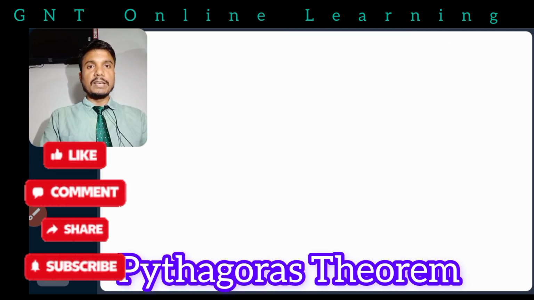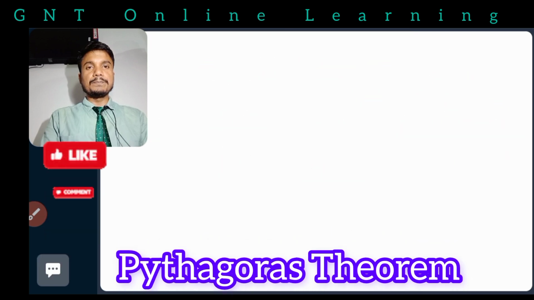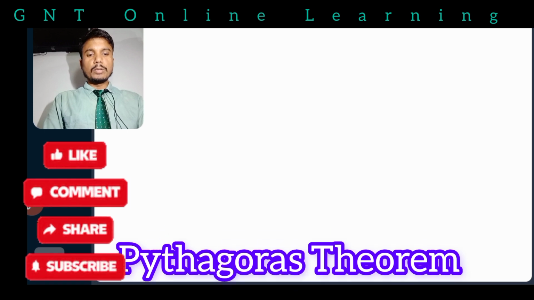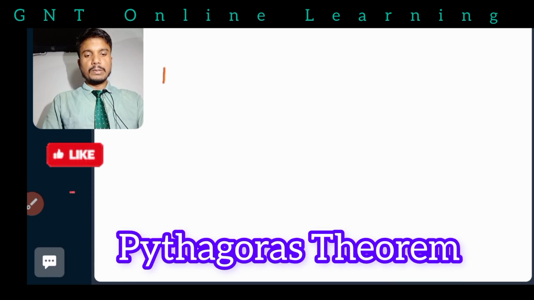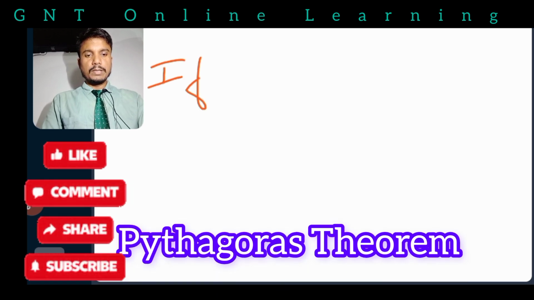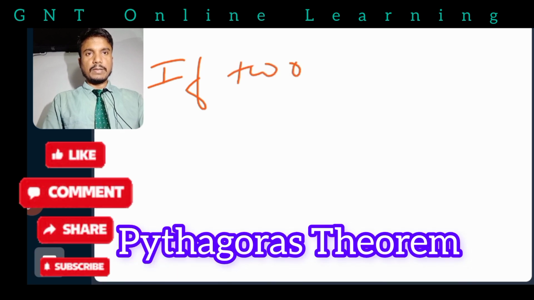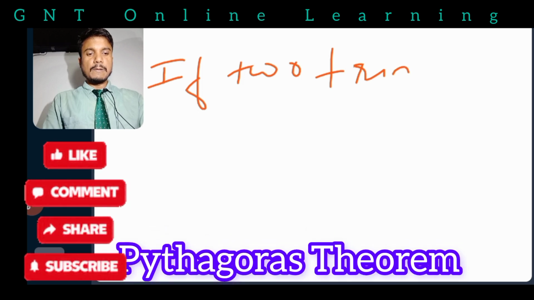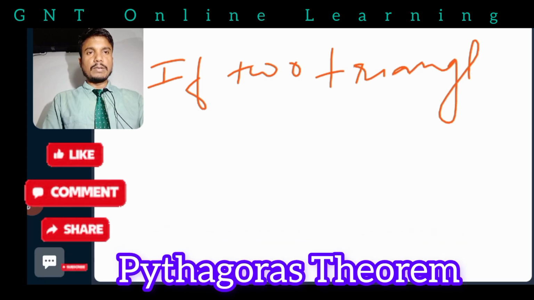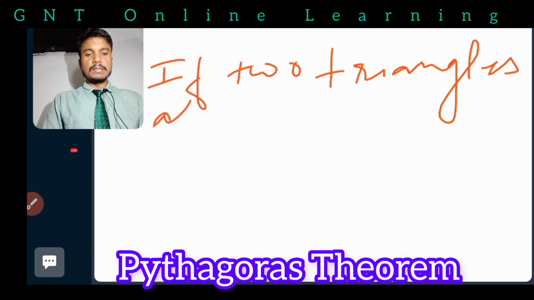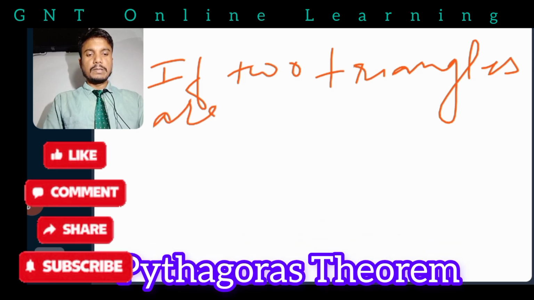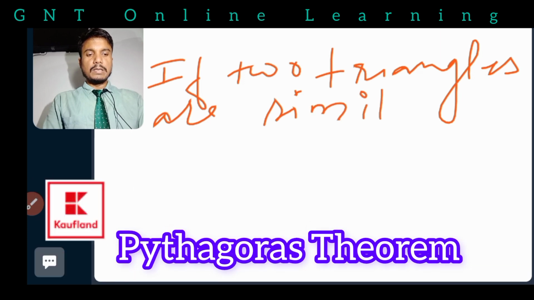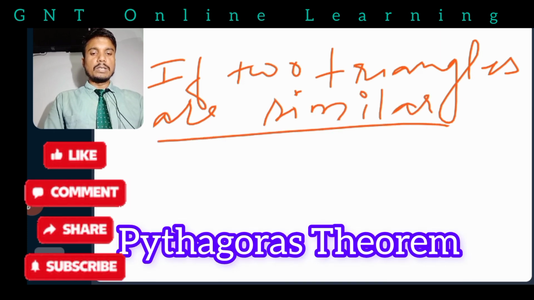Here we have the rules of similarity. If two triangles are similar, what are the rules we have?